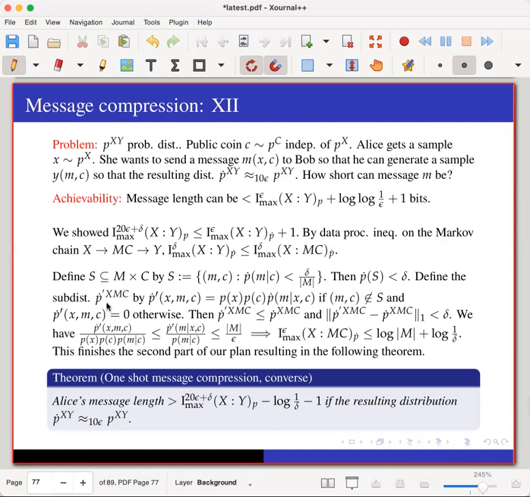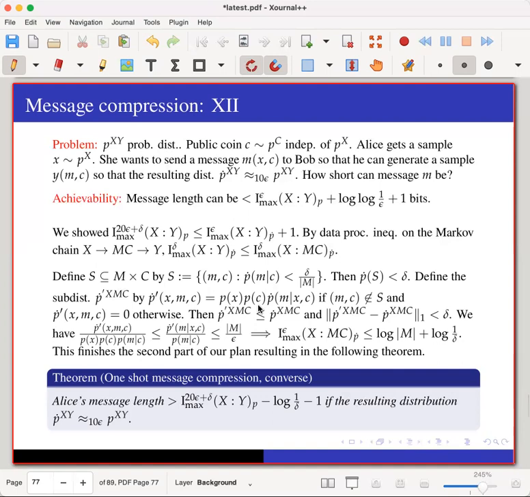I'll now define the subdistribution P dot prime. This P dot prime is different from the P dot prime in the previous slide. This is a subdistribution on the alphabet X M C, defined by this. This is PX, the good old PX. Essentially, you're throwing away all the mass on S. That's it, right?